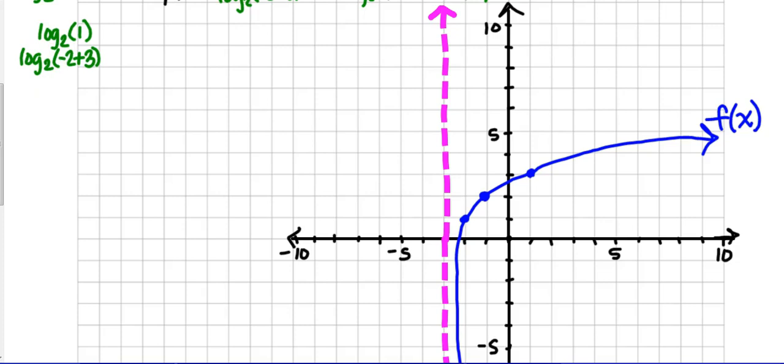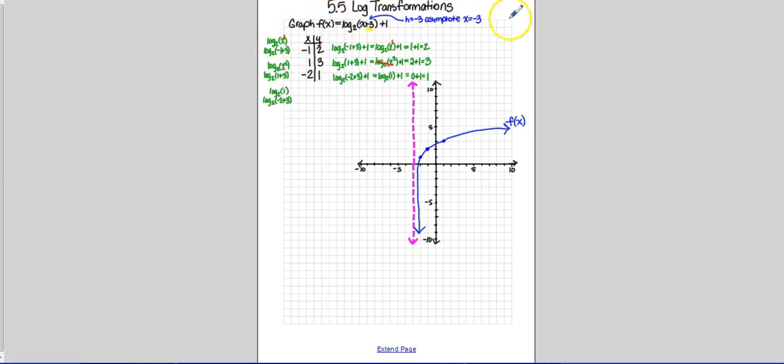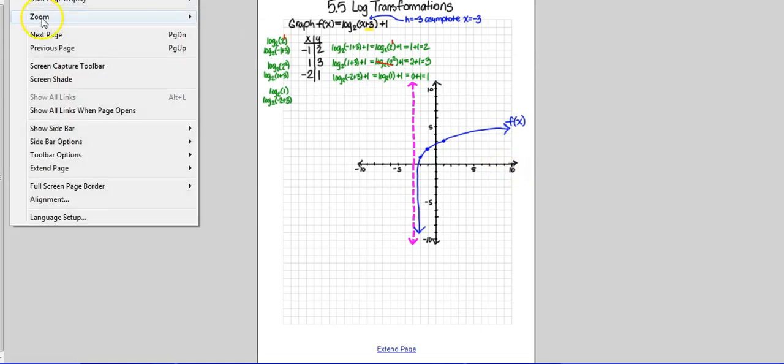Now, I'm just going to zoom out a little bit. This we've done. Now let's see how we're going to apply transformations to this.